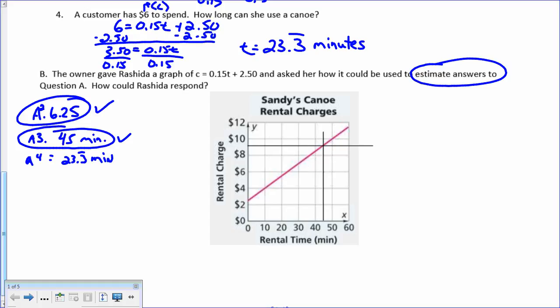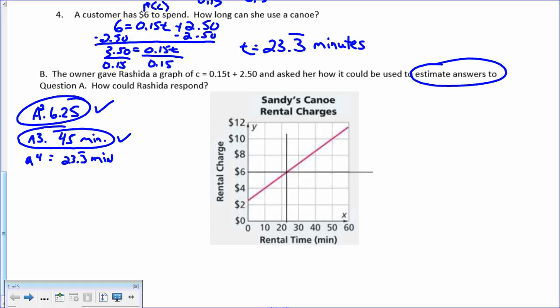Well, the last question asked us about $6. So if I take this down to 6, which is right on the line here, and I drag this over to where it connects, about right there, you can see that it's just past the 20, but it's not close to the halfway point at 25. So it's between 20 and 25 minutes.